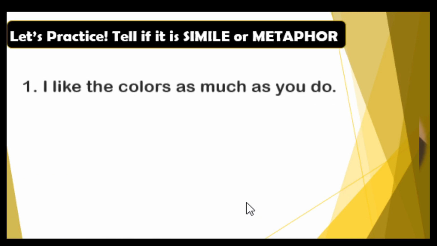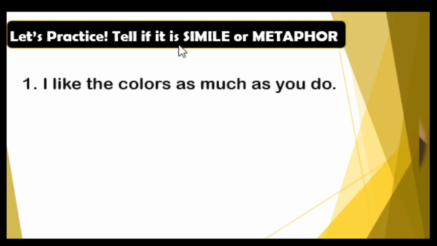Now, let's practice. Let's tell if it is simile or metaphor. For number 1, I like the colors as much as you do. Is it simile or metaphor? Yes, the correct answer is simile. Why? Because from the sentence, we are using the word as.